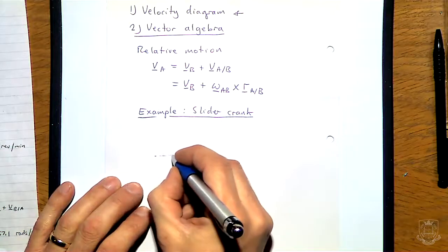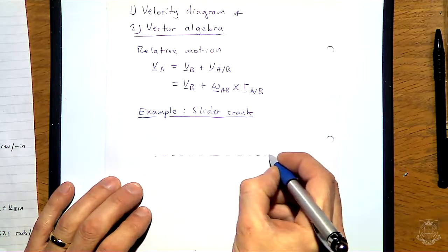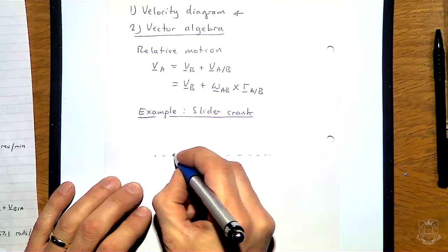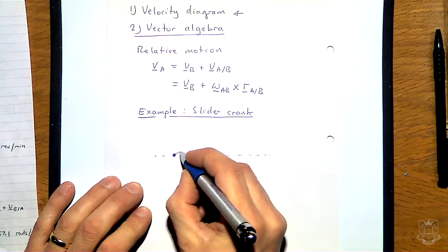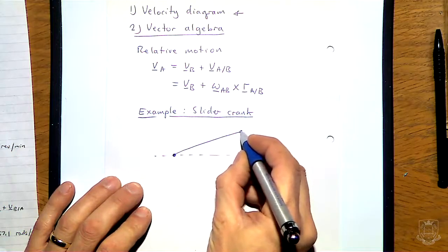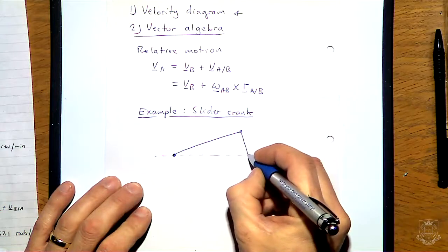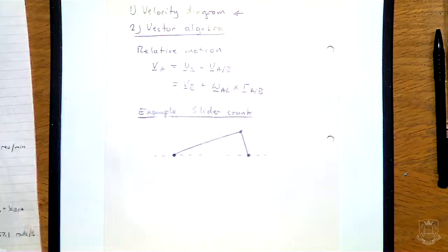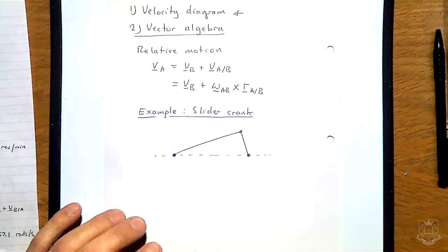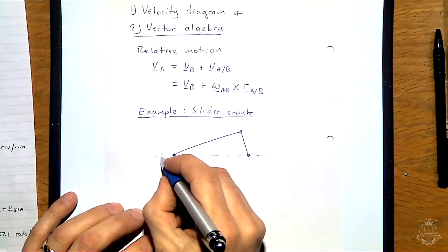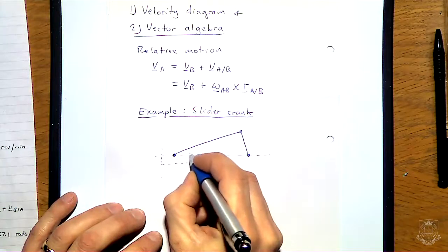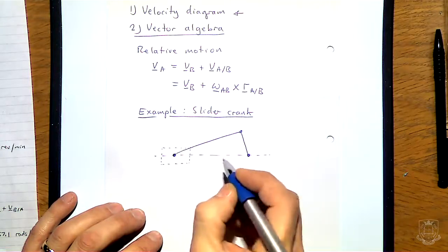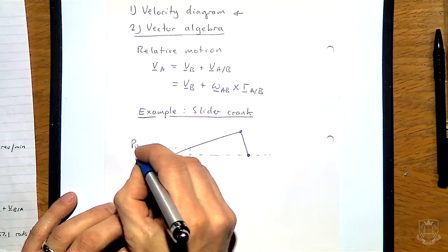So let's draw a sketch of a slider crank mechanism. Okay, so the sketch looks something like this. And if you imagine that it was inside an engine, then this would be the piston. Okay, so that would be the piston here.